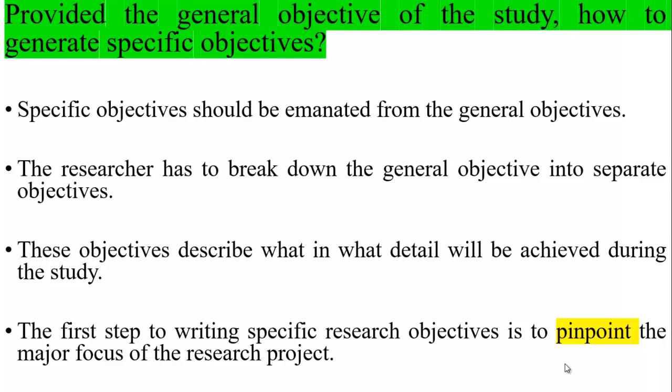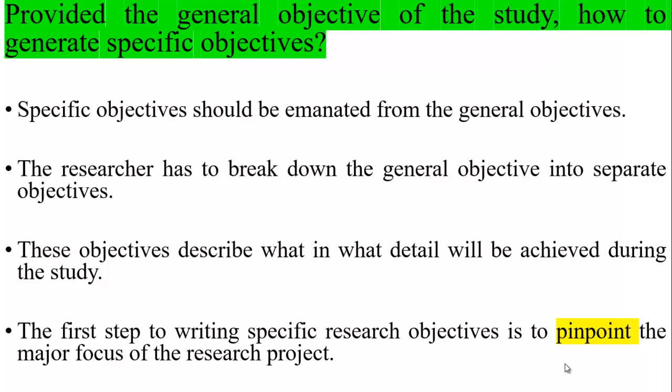If you have 5 or 6, or 7 specific objectives, then the research will go beyond your control, and because you have a specific time or resource to manage your study, it emerges to be very difficult sometimes. Therefore, one has to have a reasonable number of specific objectives.